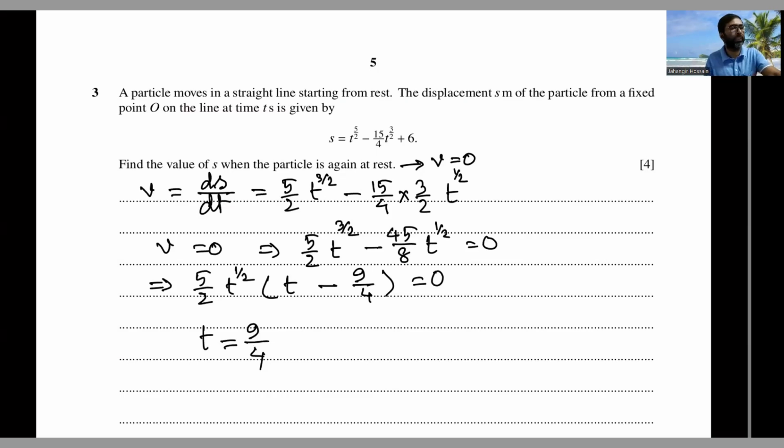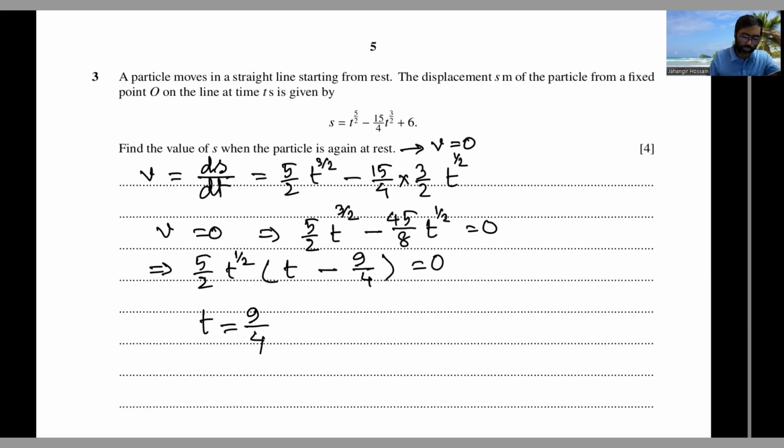The particle is at rest again at t equal to 9 by 4. Now that's the value of t.